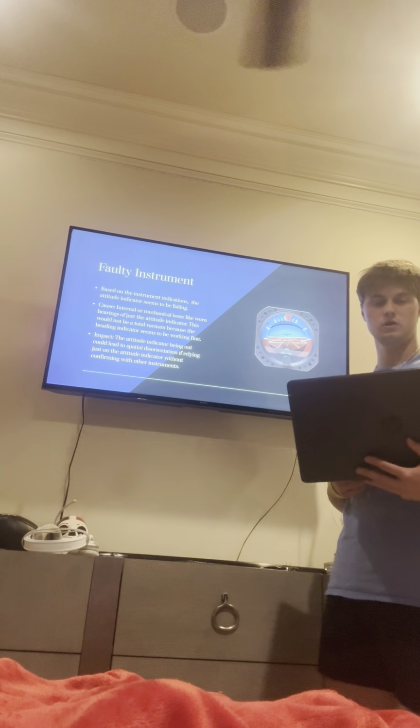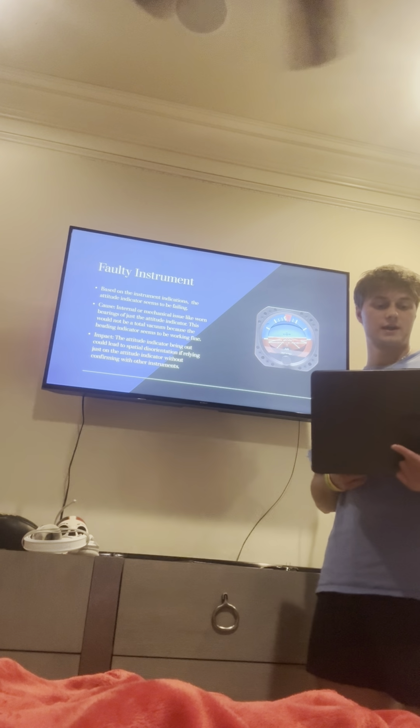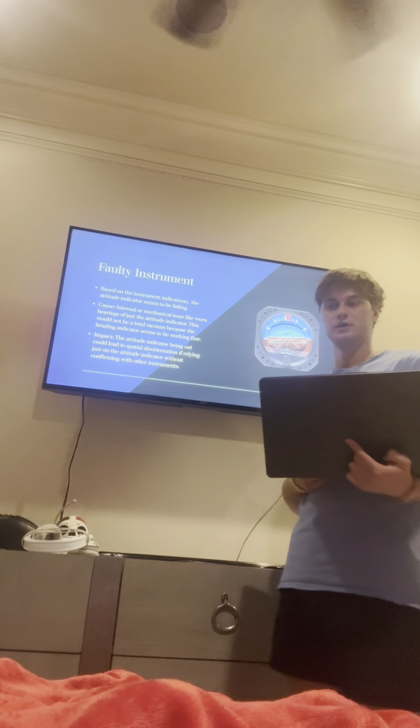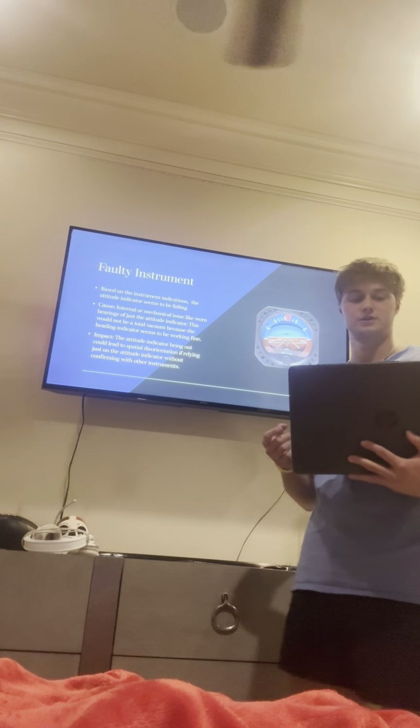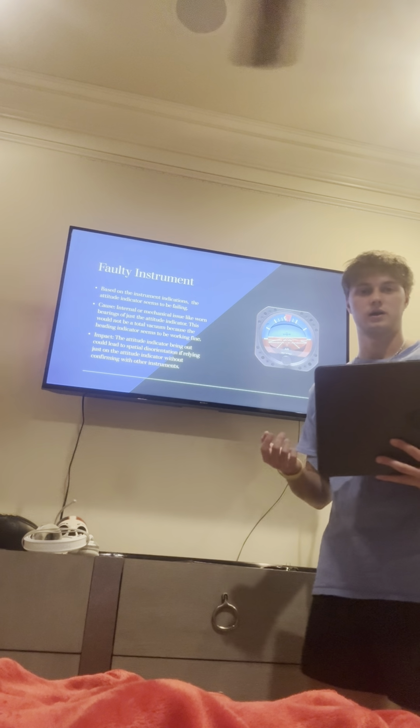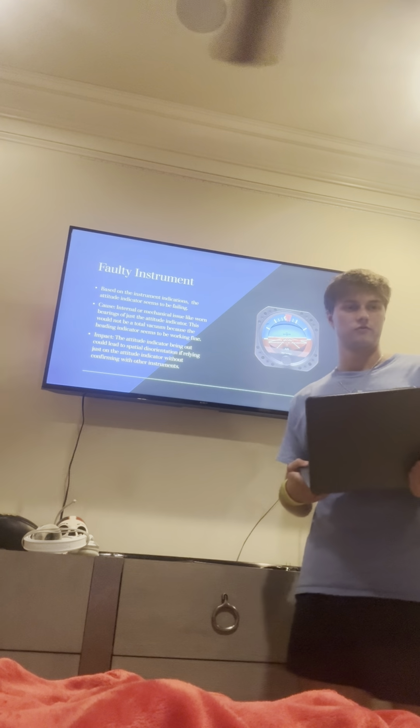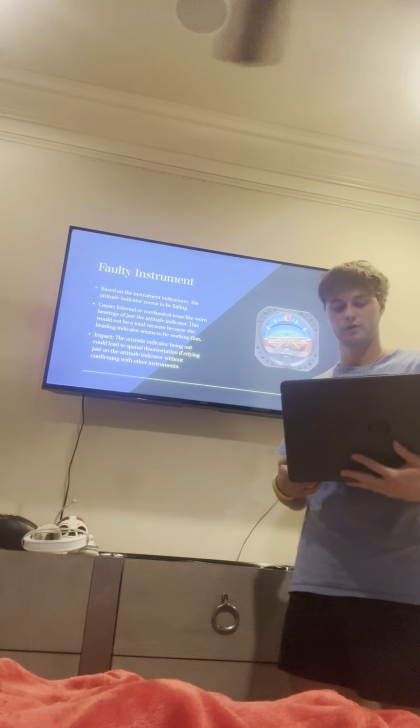So the impact with the attitude indicator being out: it could lead to myself as the pilot having spatial disorientation if I'm just relying on that attitude indicator without confirming what the other instruments are doing.